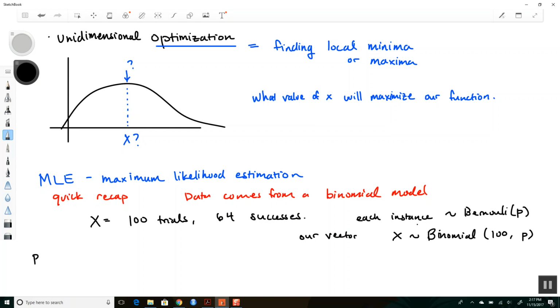But the PMF, the defining thing is that the sum of all of your probabilities of X has to be 1, okay? And with a PDF, the integral of all of your probabilities has to also be equal to 1, right? And the PMF is the probability of X, okay? And these are defined by parameters.